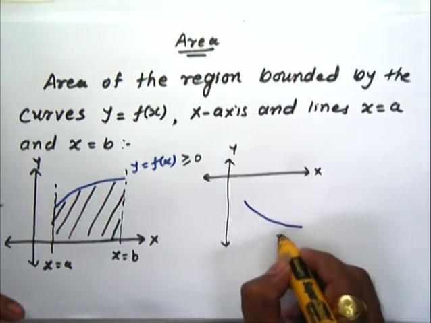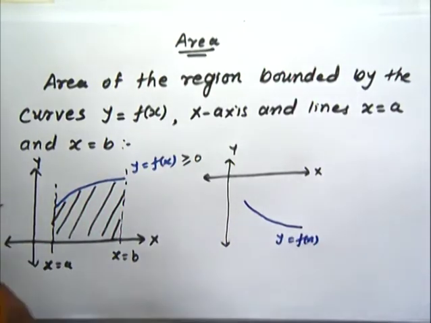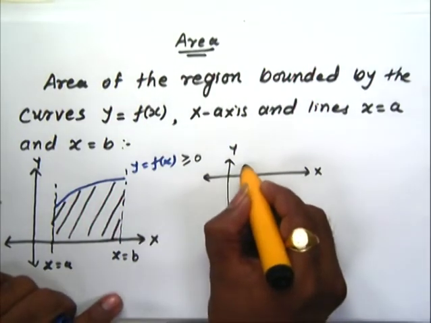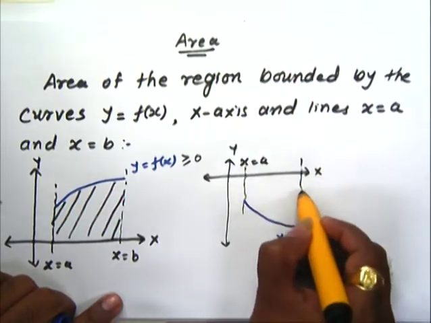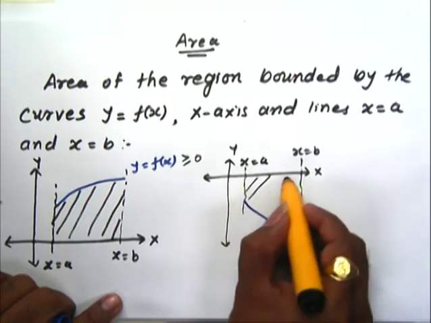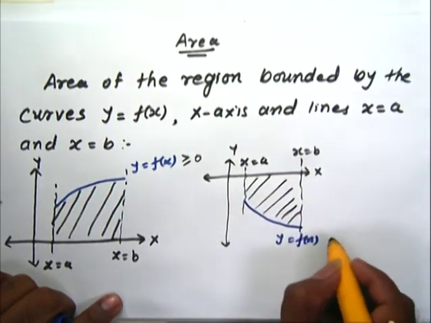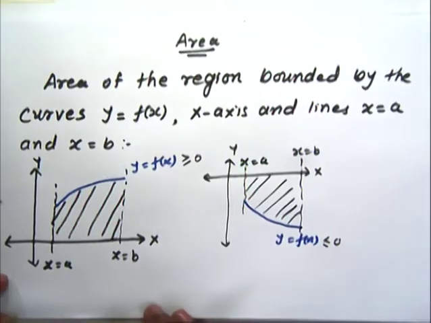This is y equal to f(x), this is line x equal to a, this line is x equal to b, and we want to find this area if f(x) is less or equal to 0 between x equal to a and x equal to b.